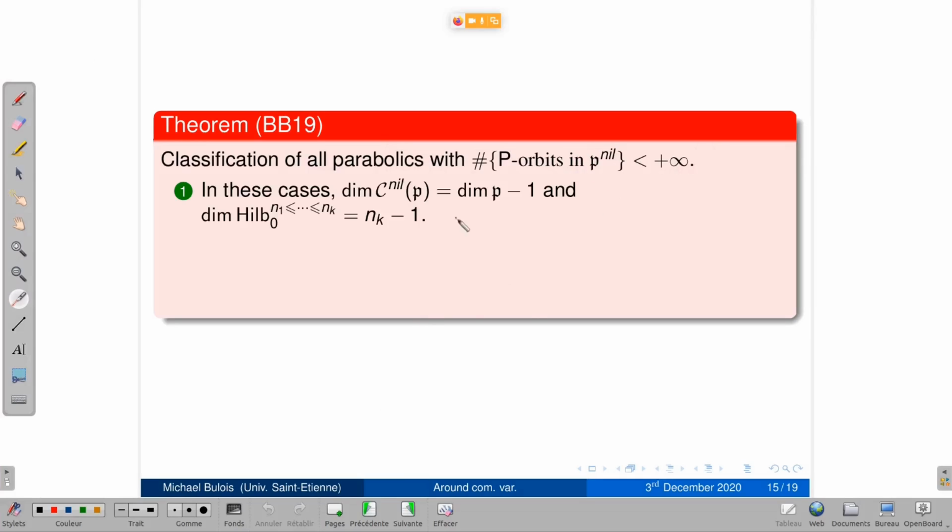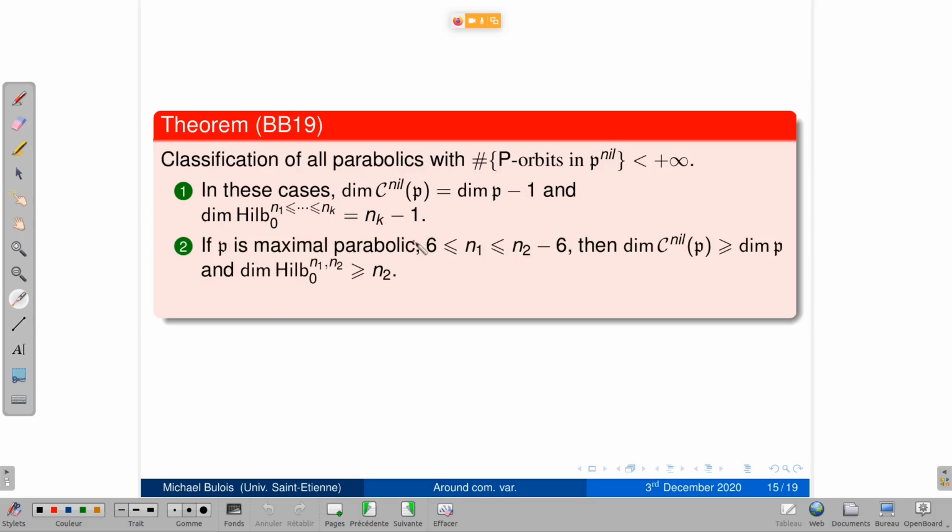In these cases, as I said, those are the cases where the nilpotent commuting variety is as small as possible, and where the Hilbert scheme is also of dimension as small as possible. You don't have big components which arise. And I spoke about the maximal parabolic case.